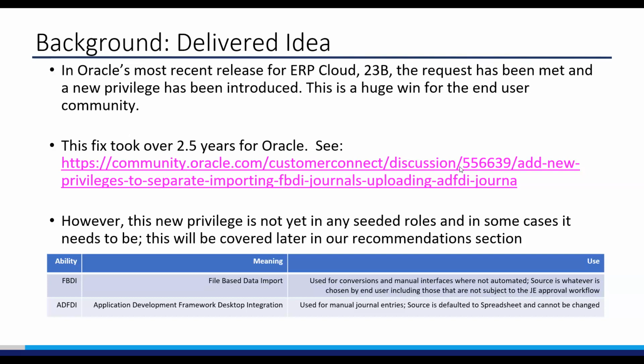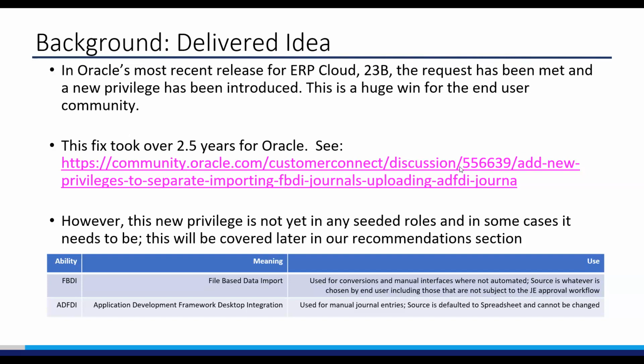And that normally would be subject to journal approval workflow, and that's set in what's called a journal sources form or configuration. But it also gives you the ability to load a journal entry through the FBDI template. So that's really the gap, up until this point where this fix is being introduced in 23B.